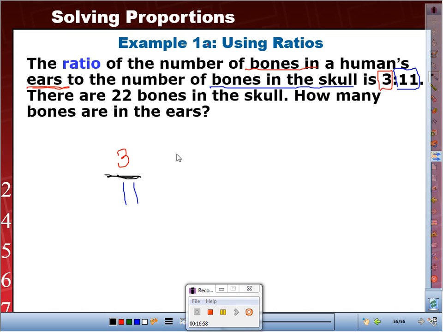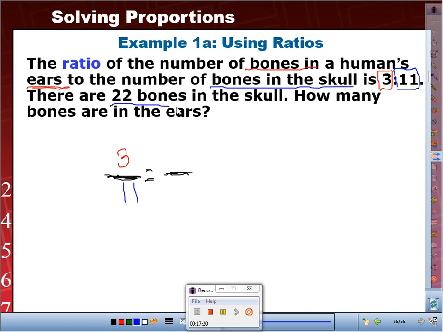Yes. But we're going to set up a proportion in order to solve for the missing amount. Here we go. A proportion is a fraction equal to another fraction. So they give us more information. There are 22 bones in the skull. So I'm going to underline that, but with what color?